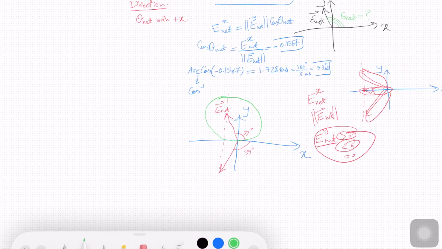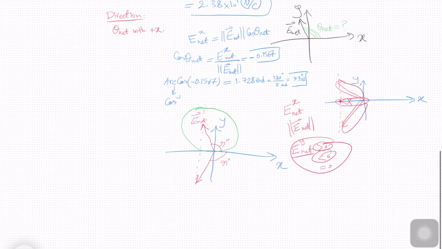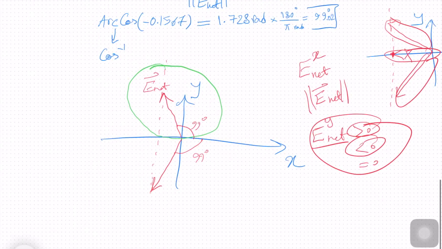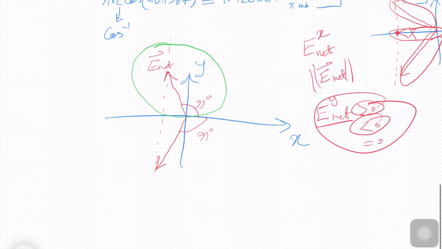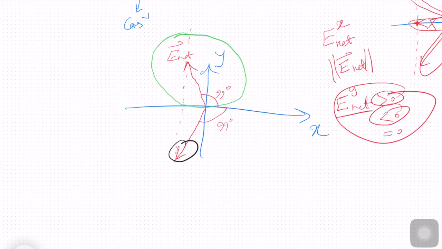Okay, so then you're done, and you say that your vector is making 99 degrees with the positive x-axis. Now, one side thing. Let's say this was the solution. So hypothetically, let's say this was actually the solution, then what angle does this make with the positive x-axis? Well, remember, you always open the angle in this convention from the positive x-axis.